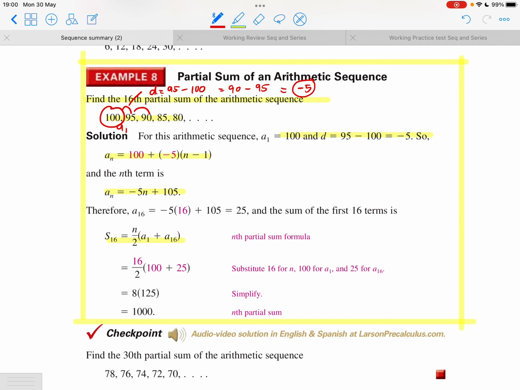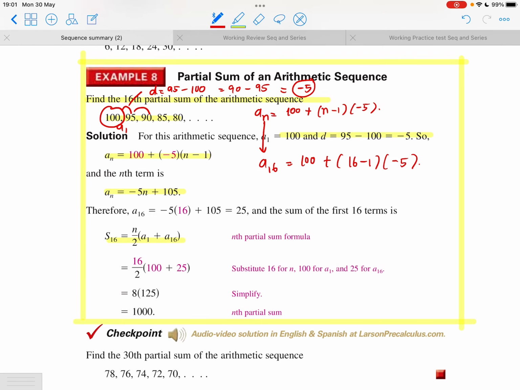So d equals minus 5. Then we write the formula of the term: a_n equals a1, which is 100, plus (n minus 1) times d, which is minus 5. And then it's asking to find the 16th partial sum. So we have to find a16, which is 100 plus (16 minus 1) times minus 5.